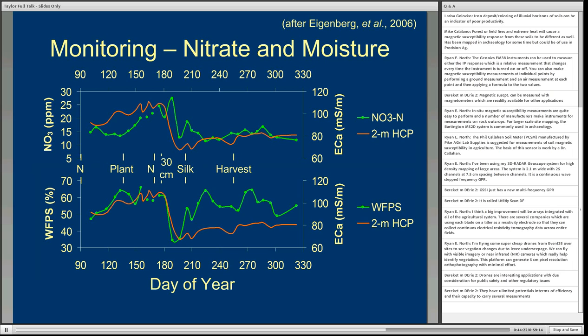Here we have conductivity drop a lot when the soil got dry, but conductivity didn't recover even when the soil got moist again, because the rapidly growing corn was stripping out the nitrate to build its fiber. So with this paper back from 2006, where was it now?